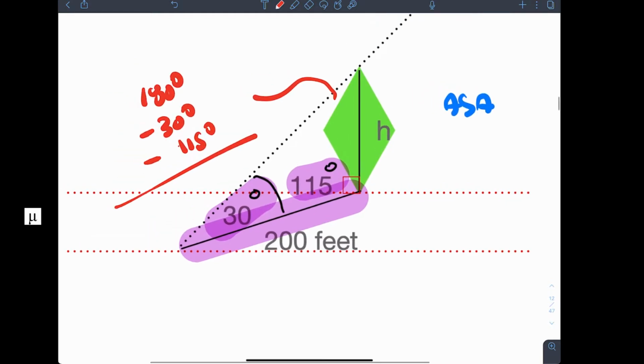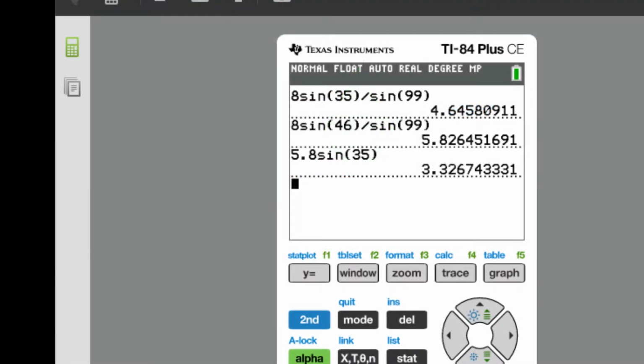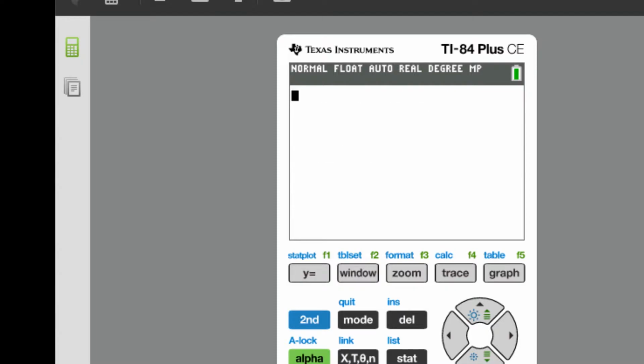What do you end up with? Is that 35 degrees? There you go. There it is.